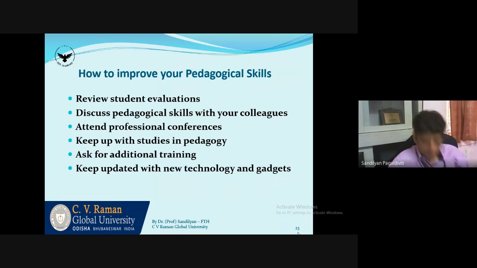Yeah. How do you improve your skills? You review your student evaluation, check their learning, because if you remember in the first slide I had mentioned, if the student is not able to demonstrate his understanding, then there is something wrong in the teaching process.